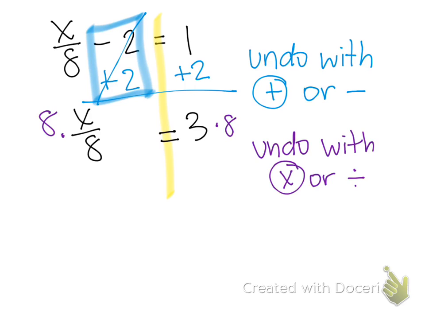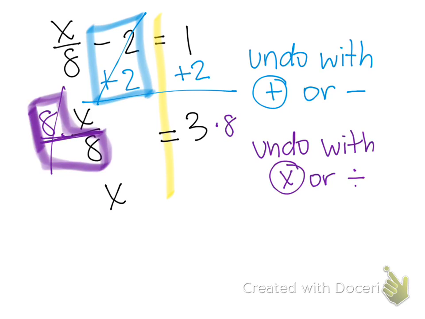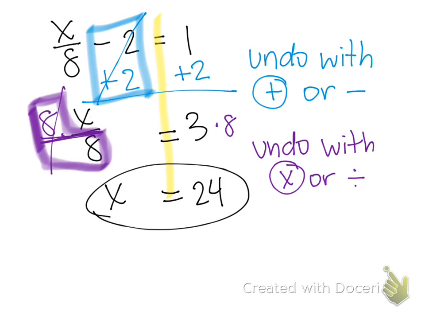And what that does is it cancels out these 8s, because what we essentially get is an 8 on the bottom and an 8 on the top, which will cancel out to 1. So that gives me 1x, which I can write as just x. 3 times 8 is 24. So this is my solution.